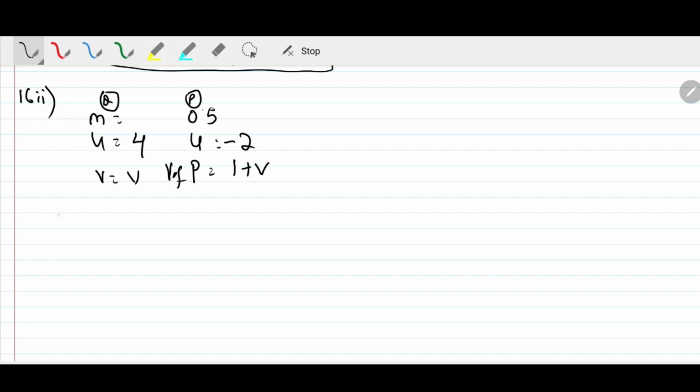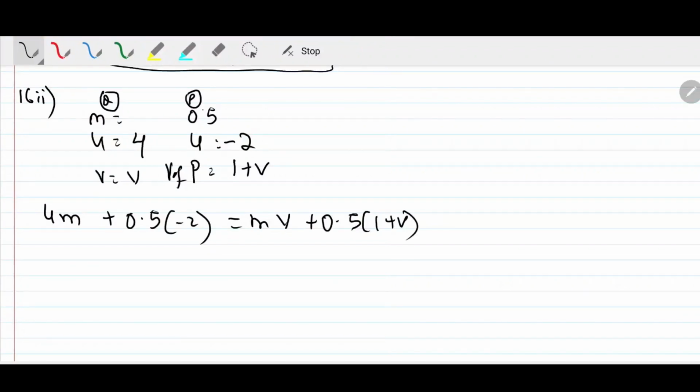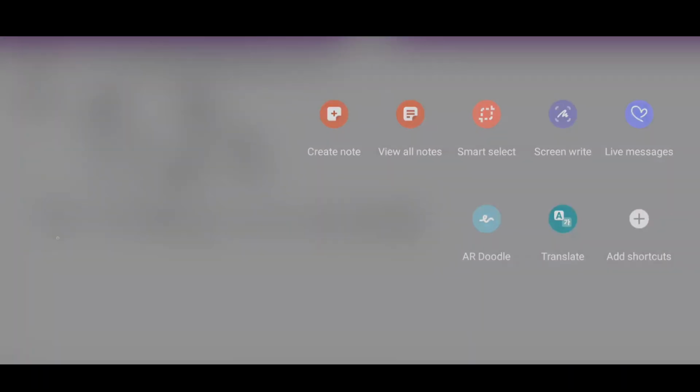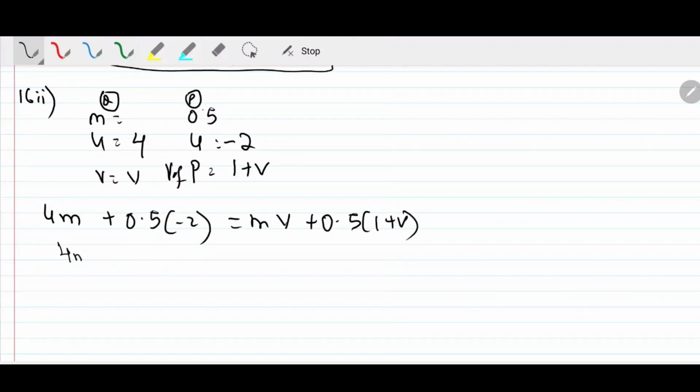So 4m plus 0.5 into minus 2 is the initial momentum. mv plus 0.5 into 1 plus v is the final momentum. 4m minus 1 is mv plus 0.5 plus 0.5 v.